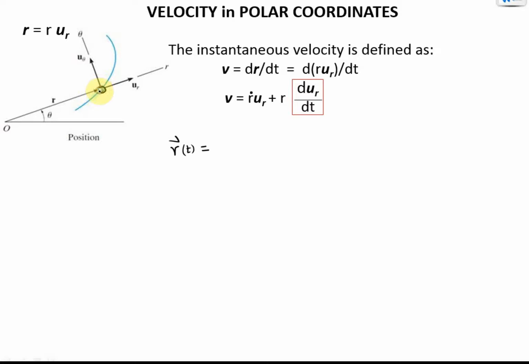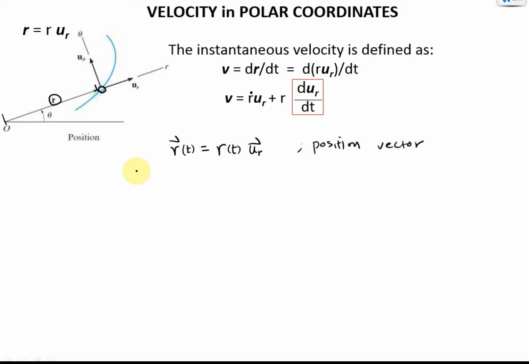Right now this is your particle, this is your r direction, and this is the distance r, but this distance r keeps changing as a function of time. And what's the direction? That is the UR direction. That's it. So this is the position vector.